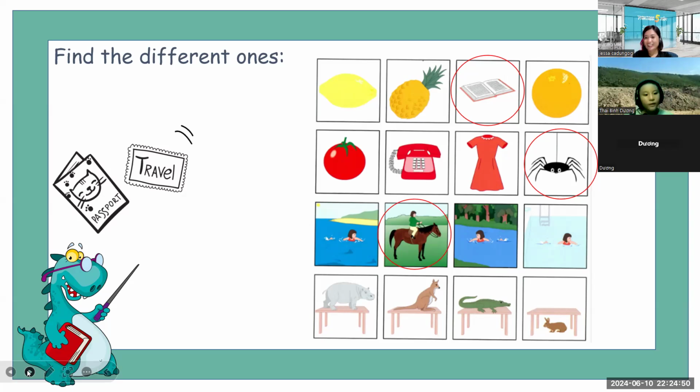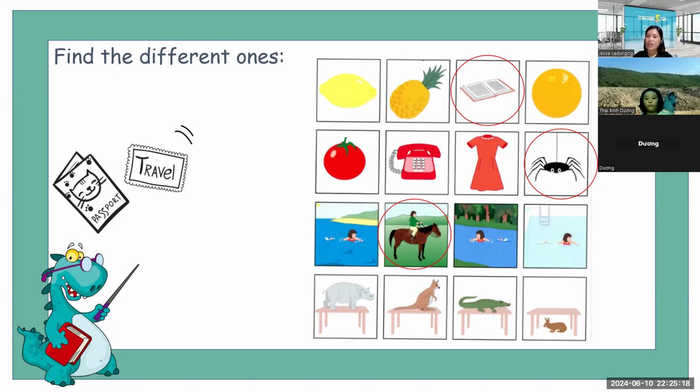Is it a bike? Look at the girl. What is the girl riding? She is riding a horse. A horse, not a bike. Okay. Well, the other girls are swimming. Okay, so that makes it different.